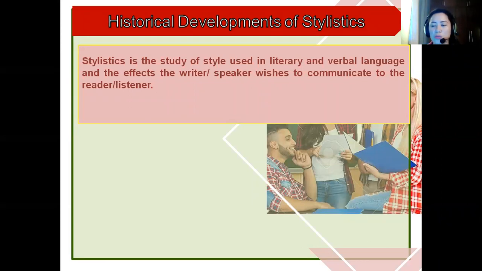So, as a short recap, stylistics is the study of style used in literary and verbal language and the effects the writer or speaker wishes to communicate to the reader or listener. So it is again focused on the style and the language used by the speaker or the writer.